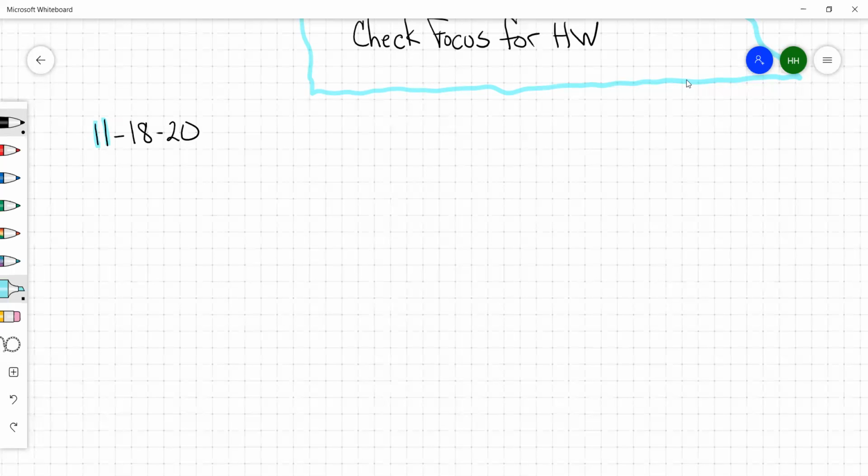All right, today we are moving into zero and negative exponents.